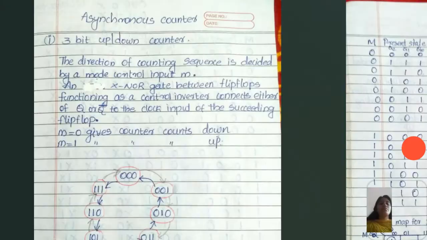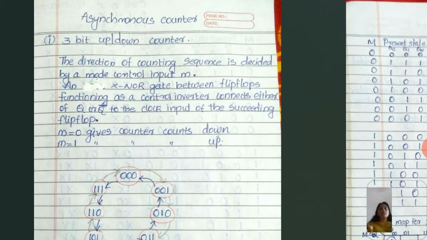Here you have to do up and down counting, and for that you should give an input value for up counting as well as for down counting. Here we are using m as that input value. If m equals 0, then the counter will count down.